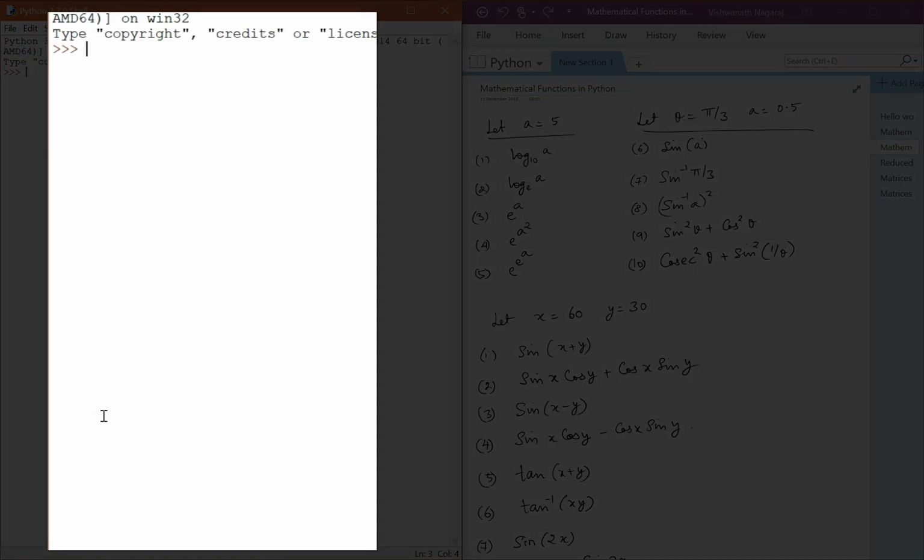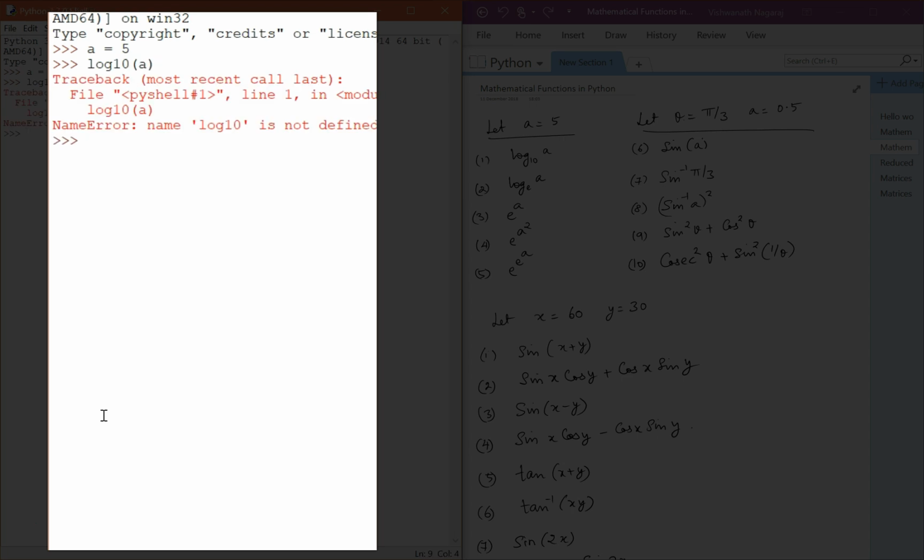In this session, let's look at some mathematical functions. Let's say a is equal to 5, and we want log to the base 10 of a. So the function is log10 of a. Now log10 is not defined. Why?